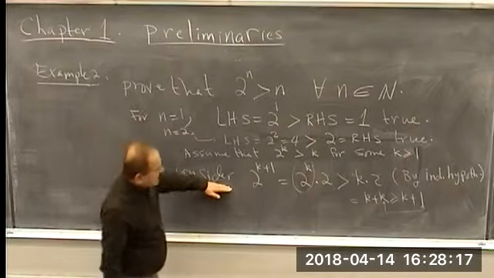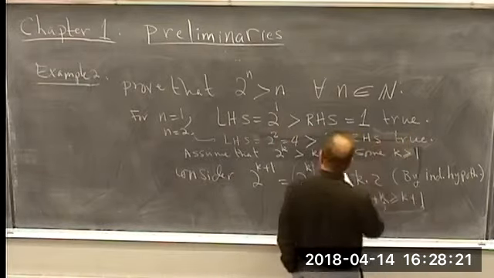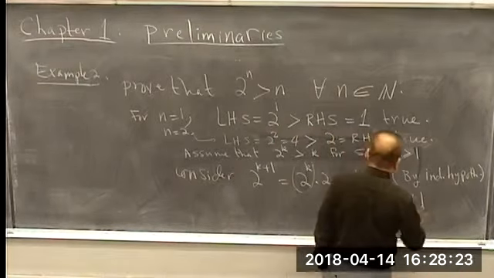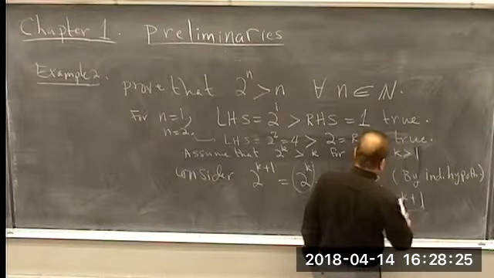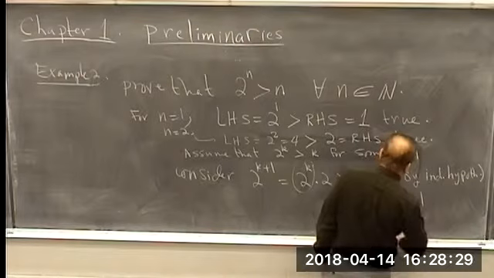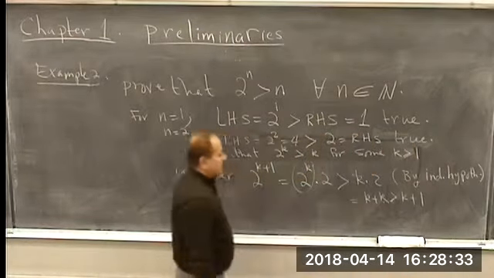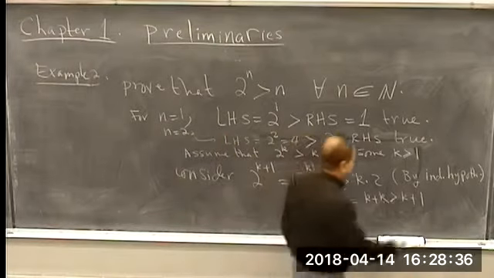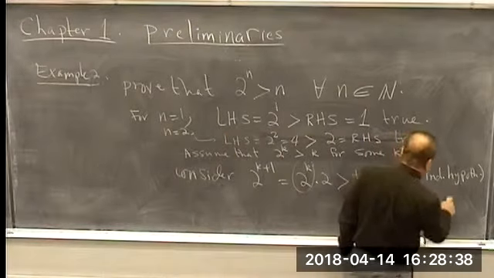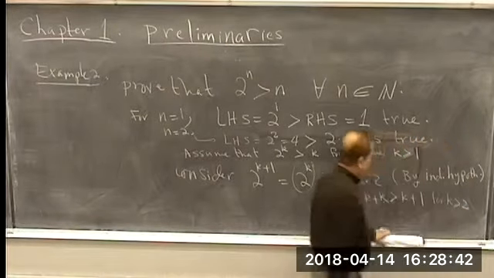But now, in here, instead of saying this is bigger than, we could put strictly bigger than 2. And in here, of course, k is bigger than or equal to 2. All right?